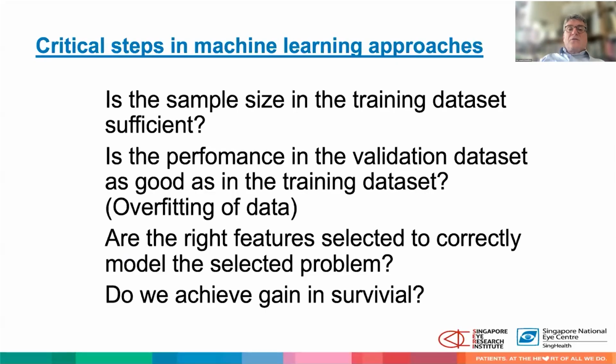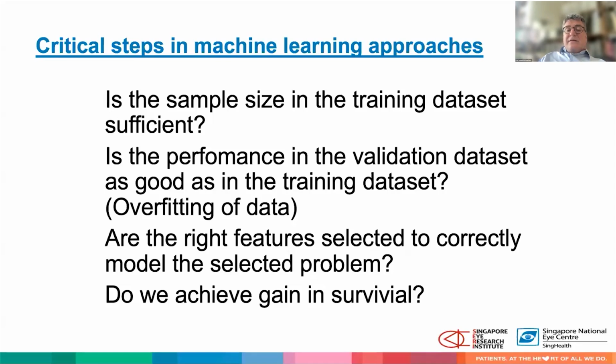So there are a lot of critical steps in machine learning approaches. The first is whether the sample size in the training data set is sufficient. You all know that usually a very high number of data is required to make this network work. Is the performance in the validation data set as good as in the training data set?